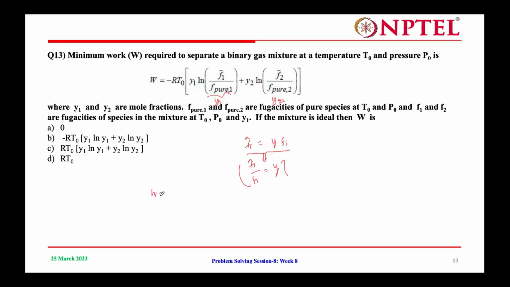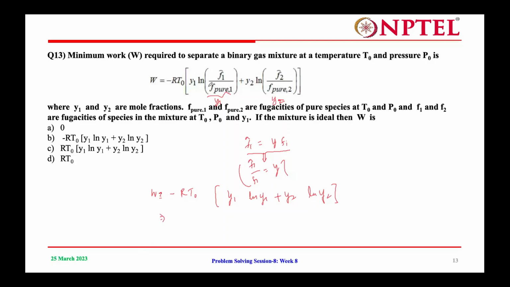So W is equal to minus R times y1 ln y1 plus y2 ln y2.